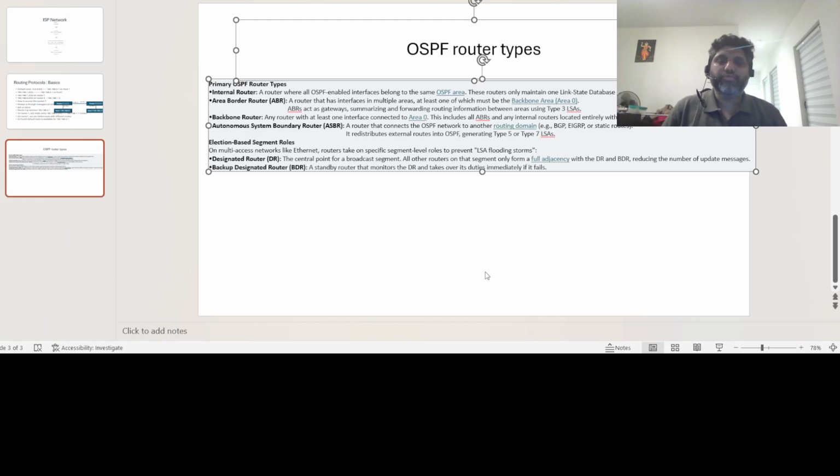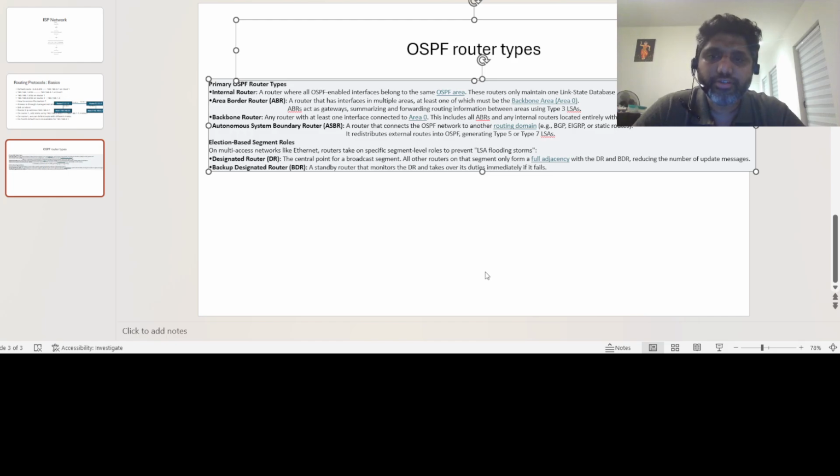So OSPF is primarily divided into different areas, with area 0 being the backbone area. That is the area through which all the packets should go through, right? So let's now discuss the different OSPF router types.